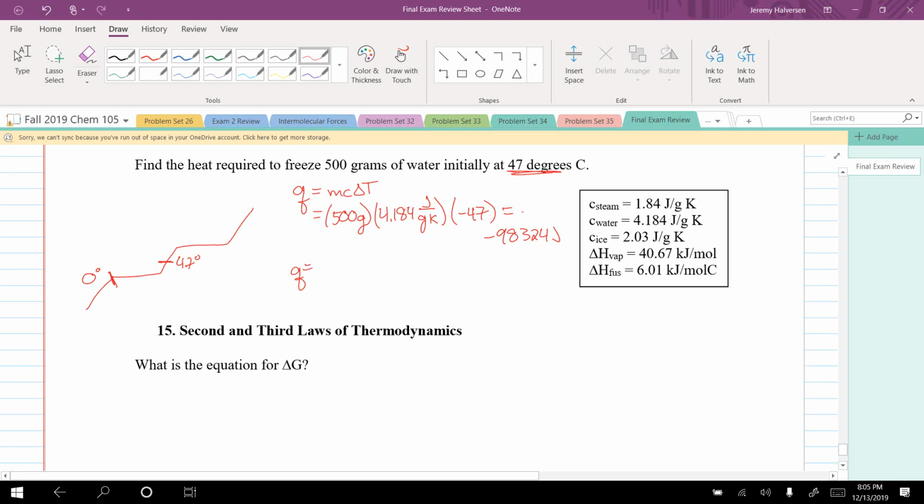Okay, and then I've got to freeze it. What's that going to be? N delta H of fusion, but fusion is doing what? Melting. So I've got to use negative delta H of fusion. I've got 500 grams divided by 18 grams per mole. That gives me my moles. And delta H of fusion is negative 6.01.